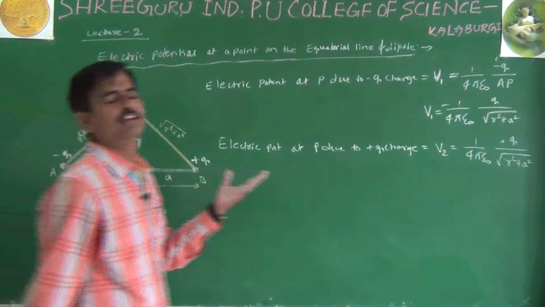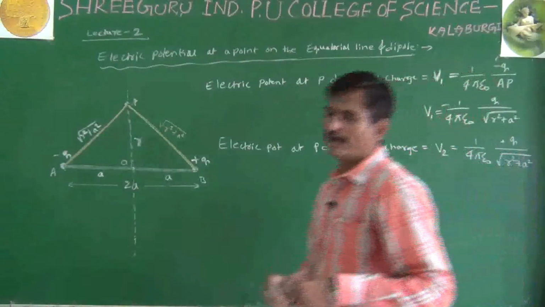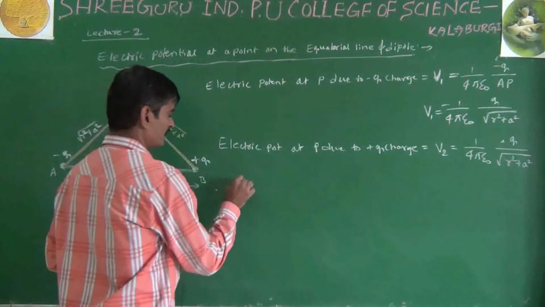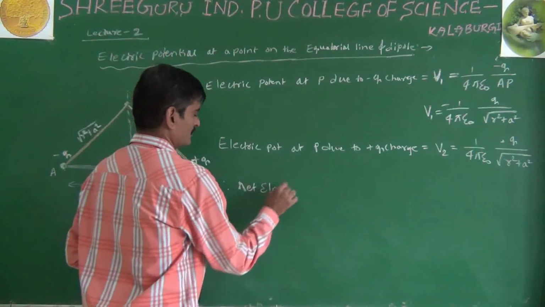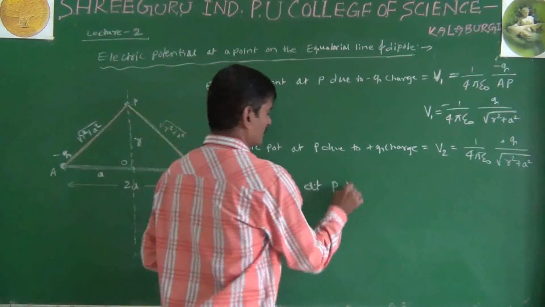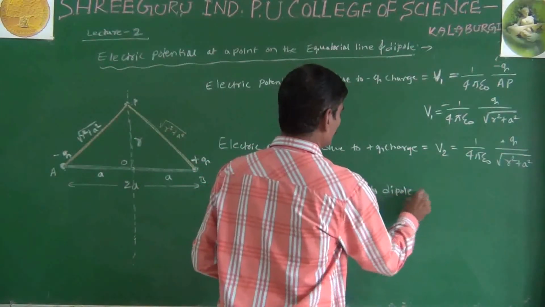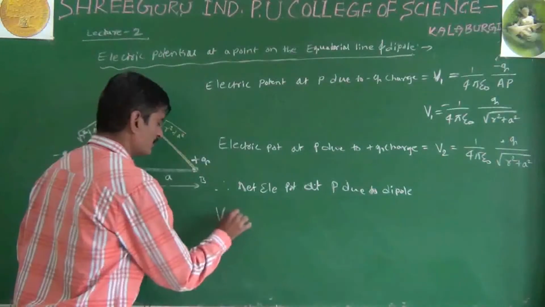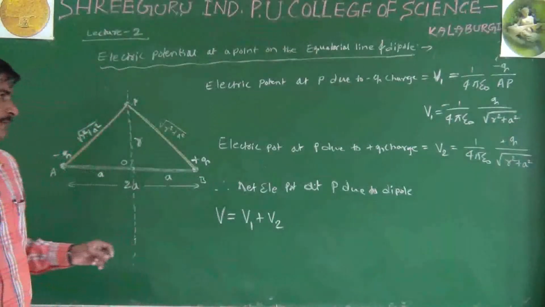Electric potential is a scalar quantity, so you can simply add them algebraically. Therefore the net electric potential at P due to the dipole, or potential due to a dipole on the equatorial line, is given by V is equal to V1 plus V2.